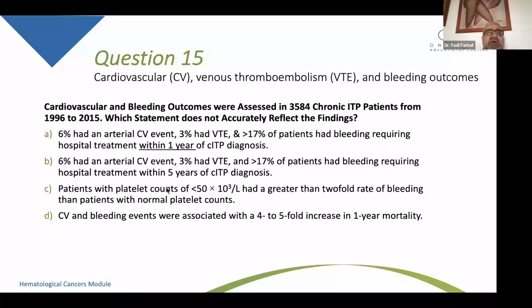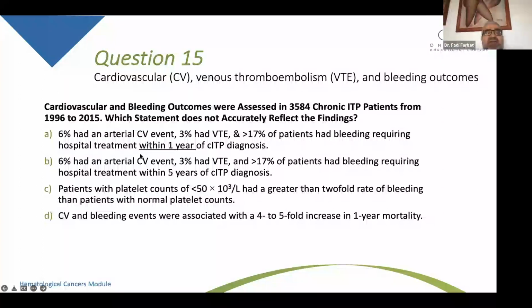And the last question, I think. Cardiovascular and bleeding outcomes were assessed in a big number of patients with ITP, 3,500, from 1996 to 2015. Which statement does not accurately reflect the findings? A: 6% had an arterial cardiovascular event, 3% VTE, and more than 17% bleeding requiring hospitalization within 1 year of chronic ITP.